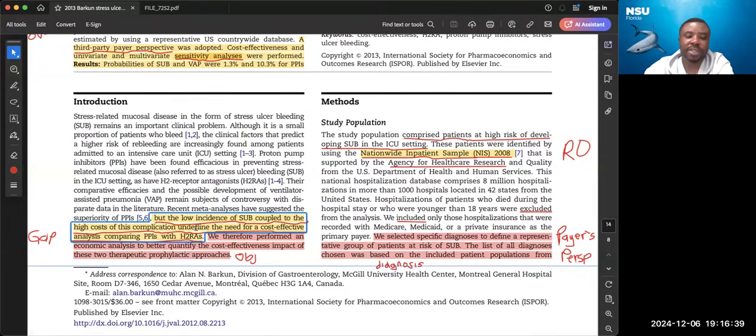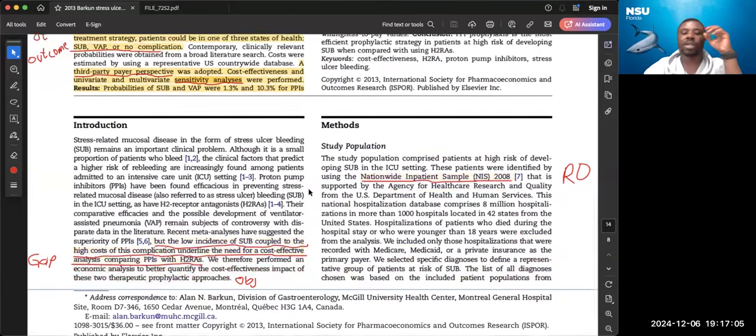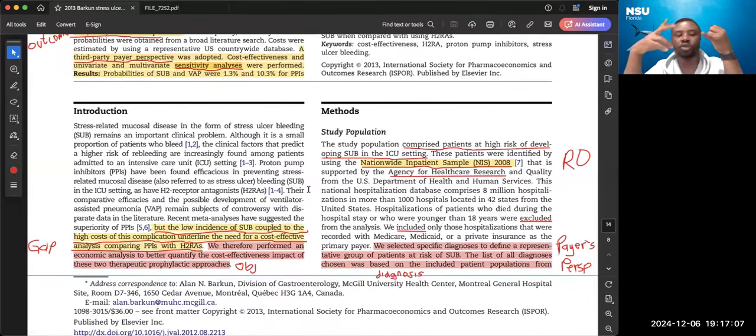Because of this, they need to do a cost effectiveness analysis comparing the PPIs with the H2 blockers. And then these are their objectives: we therefore performed an economic analysis to quantify the cost effectiveness impact of the two therapeutic prophylactic approaches.